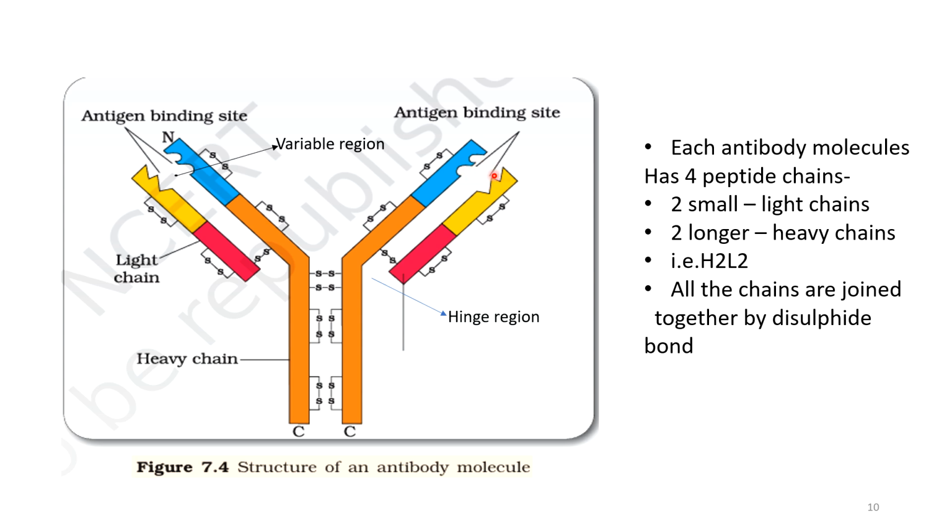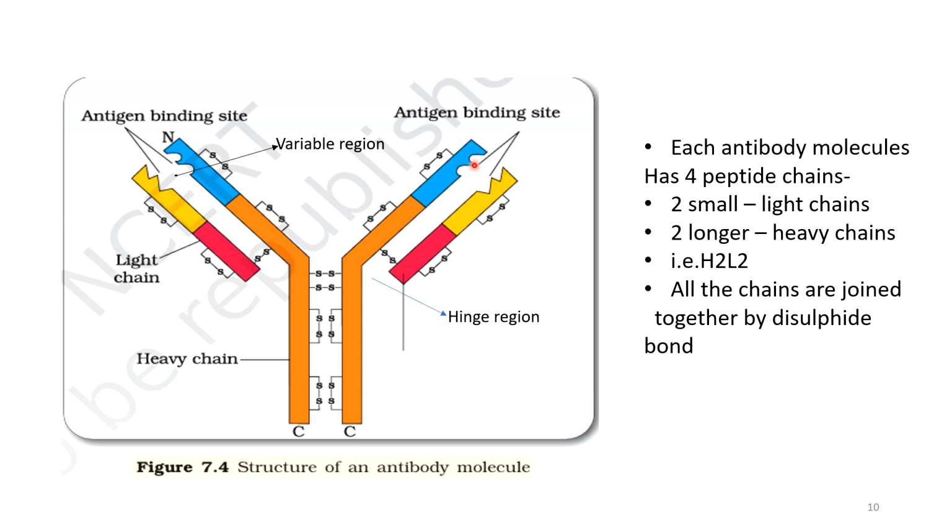So this region is the variable region. Okay, that means for each different type of antigen or pathogen, the shape of this antigen binding site will be different, because to trap or to bind with the antigen, the antibody should be complementary with the antigen, exactly like the lock and key model of the enzymes.